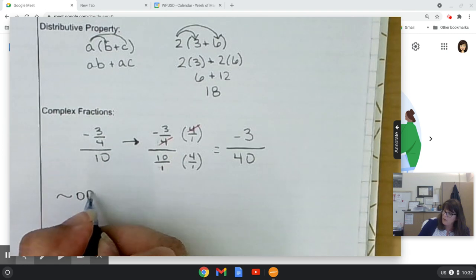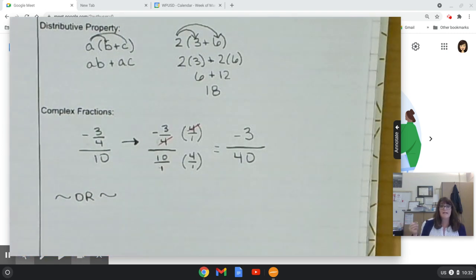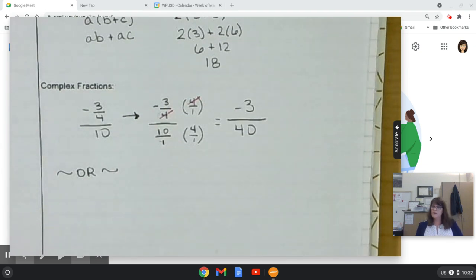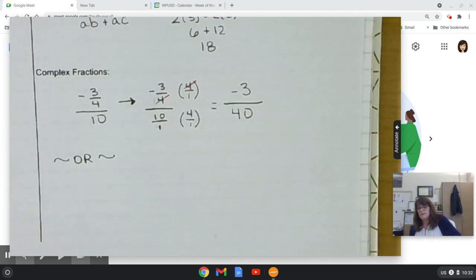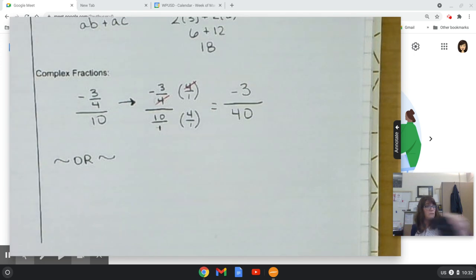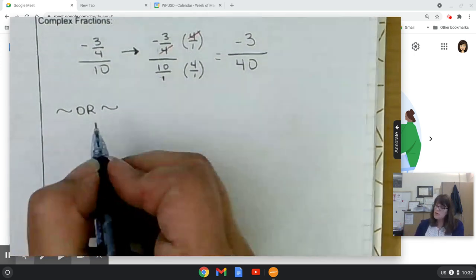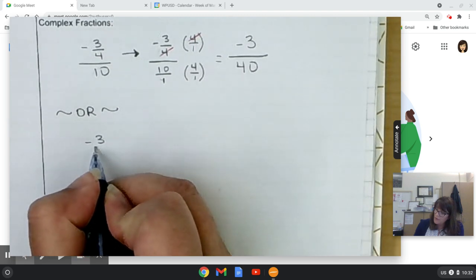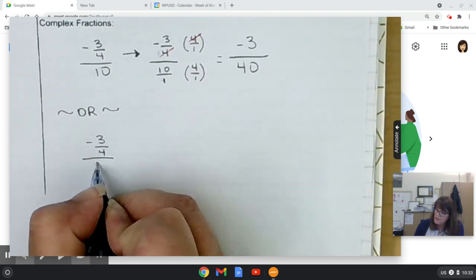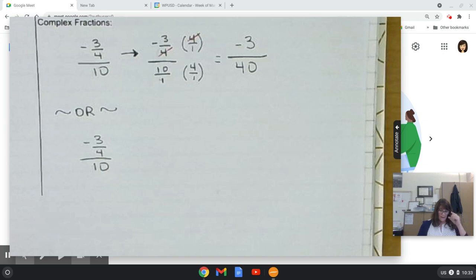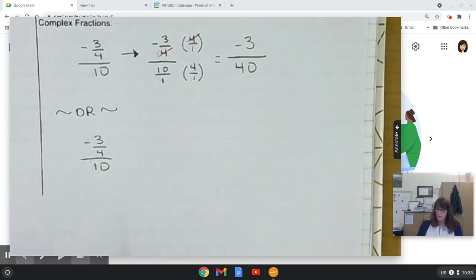So please write a big old or here. Same problem, we're just going to use a different method. Okay. 1 second. There we go. Okay. So again, we have negative 3/4 over 10. Here's what I want you to remember.